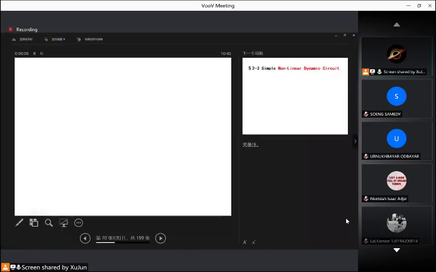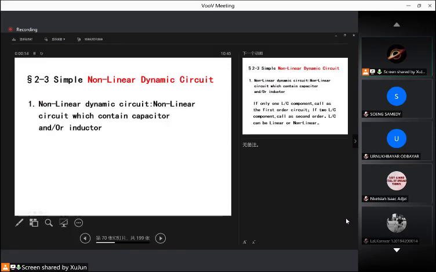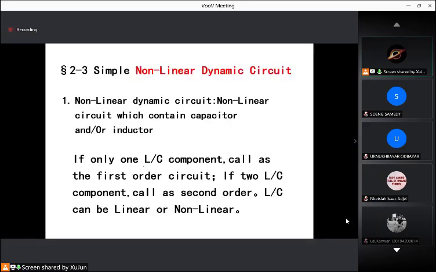Now we introduce the nonlinear dynamic circuit. A nonlinear dynamic circuit is a nonlinear circuit that contains a capacitor or inductor. If there is only one dynamic component, we call it a first order nonlinear circuit. If there are 2 LC components, we call it second order. The LC can be linear or nonlinear.